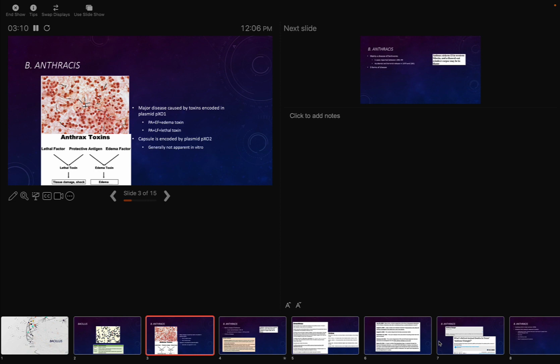And as you might imagine, that causes cell death. It's lethal. If you combine protective antigen with the edema factor, you get edema, right? Fluid retention. So it makes a toxin called lethal toxin and one called edema toxin. That production of these 2 toxins is really how Bacillus anthracis causes disease.